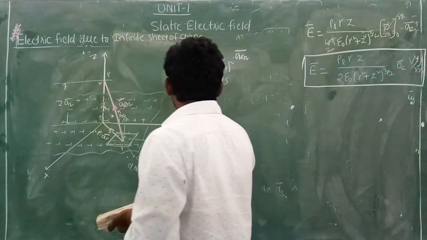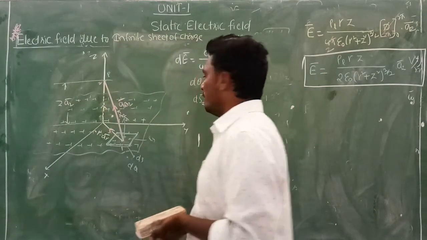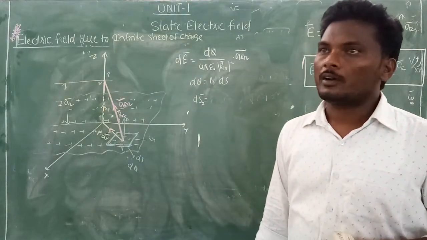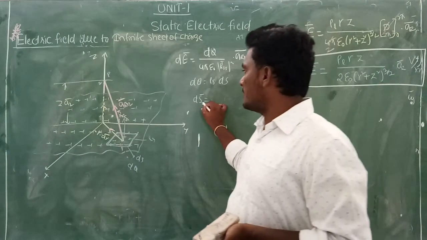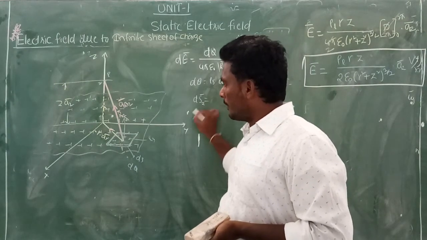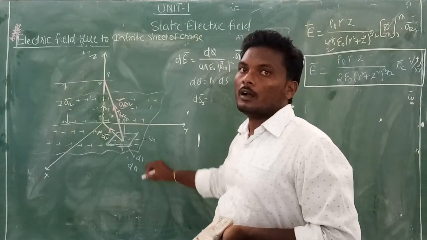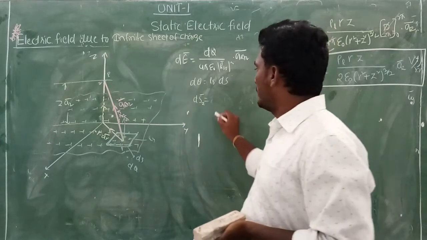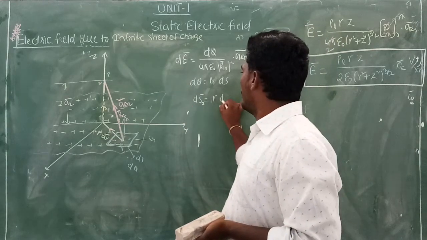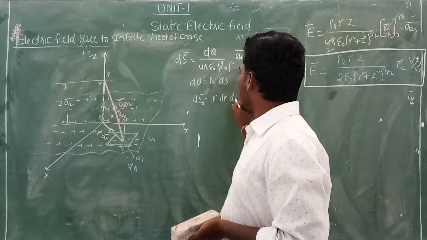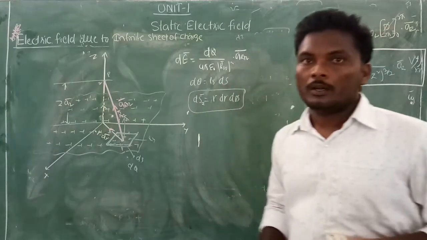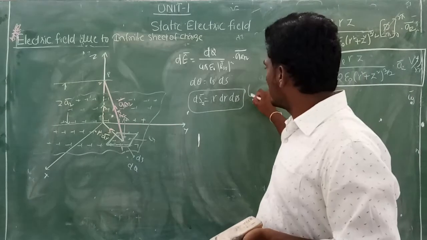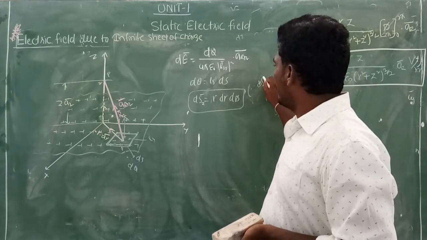This formula is already known from when we derived the expression for differential elements in the cylindrical coordinate system. The differential surface area perpendicular to the z axis, in the xy plane, is r into dr into d phi.